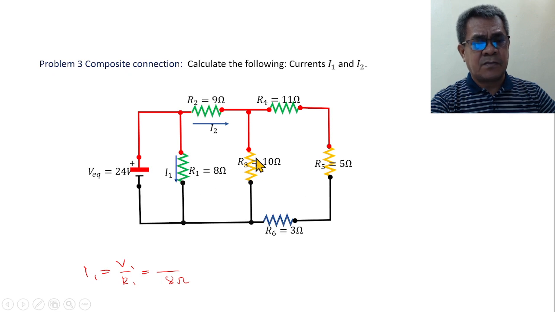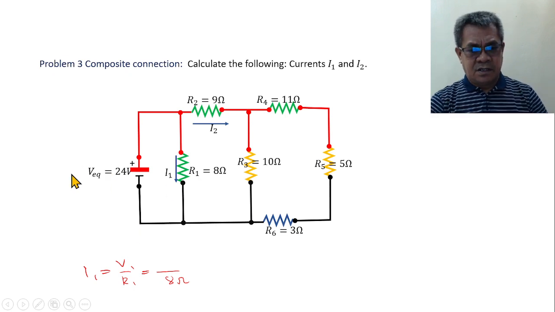Which means that R2, R3, and R5 are not parallel to the source. Because of this resistor, this one is not parallel. And because of this resistor, R3 is not parallel to R1 and also not to the source. So therefore, only R1 is parallel to the source.